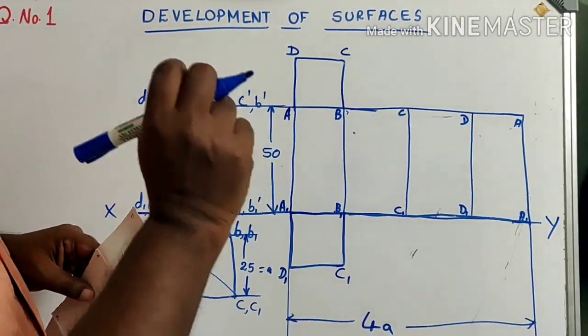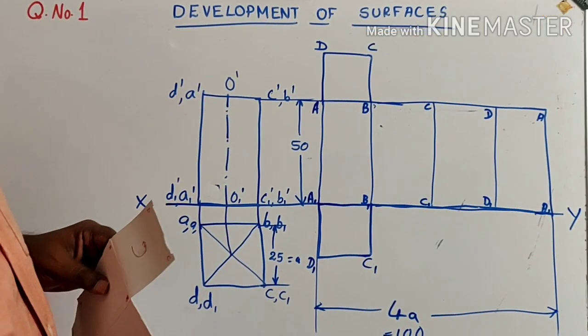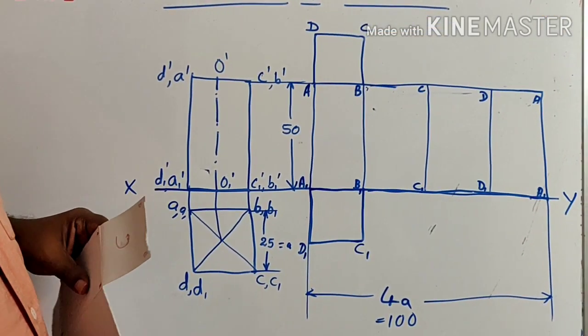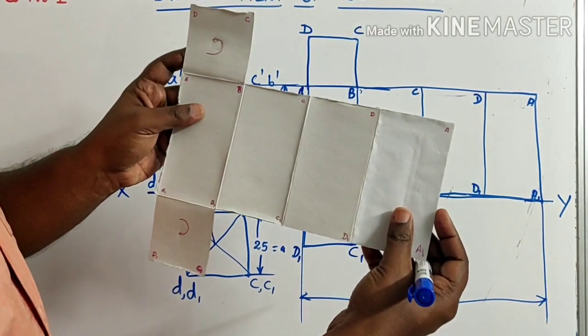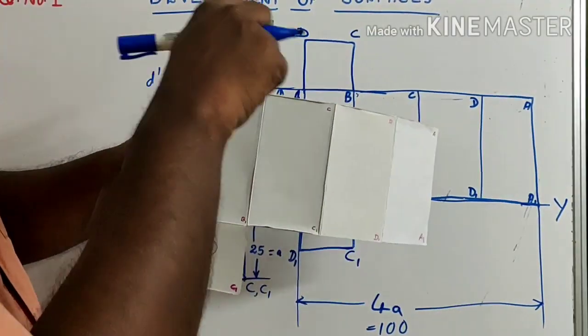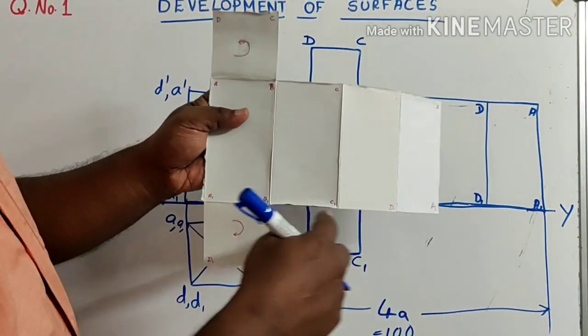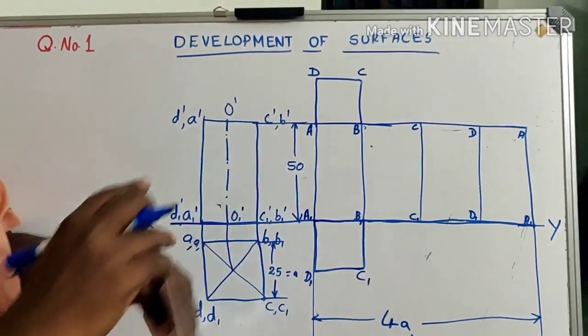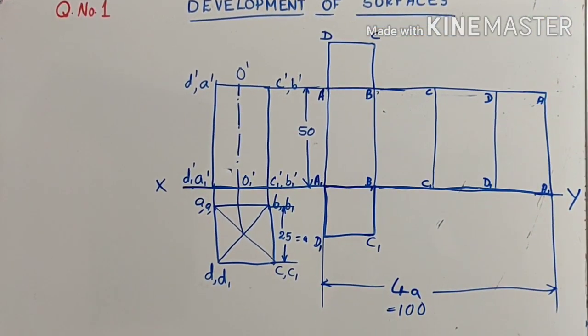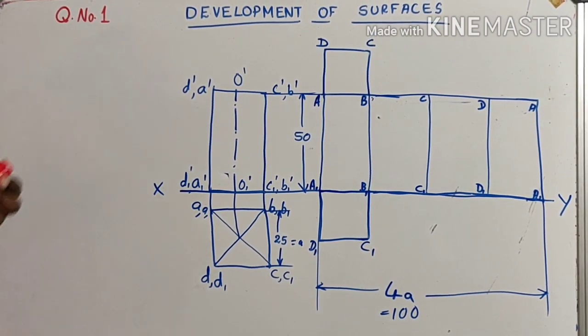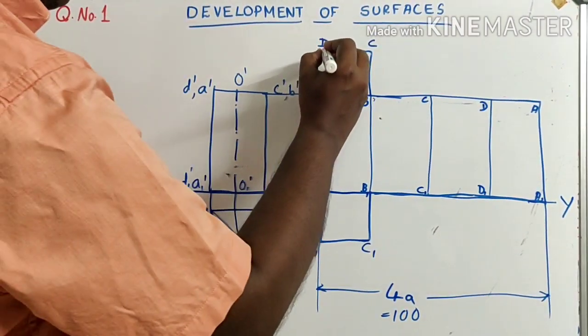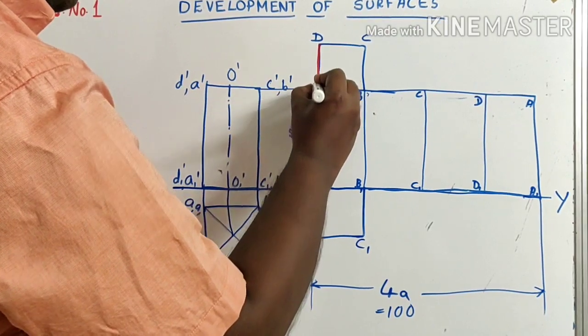Now the last step is to draw the visible edges. Since this is a single entity, you have to draw the visible edges as the outer edge. That I am going to draw, using this red color.